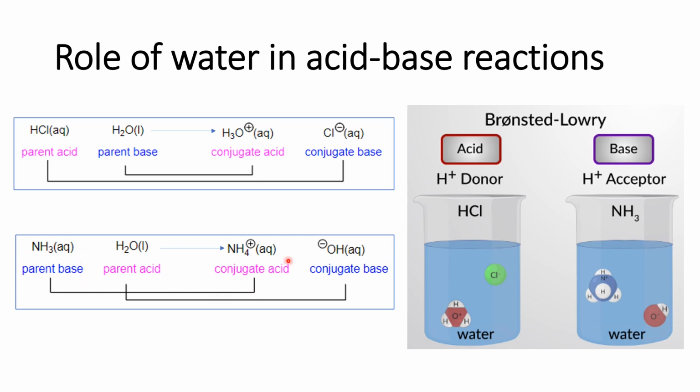Here the conjugate acid will be NH4+ and OH- will be the conjugate base. So these two reactions show that water can act as both an acid and a base. A Bronsted acid, because it can give up protons, and a Bronsted base, because it can take up H+.